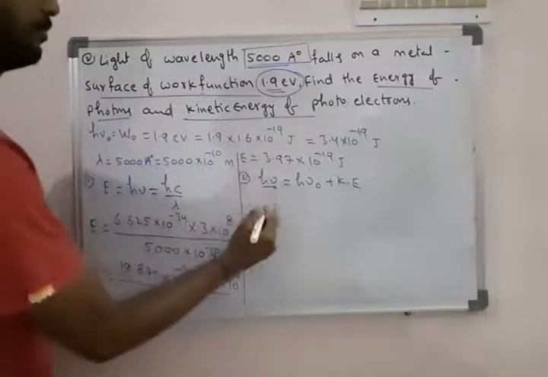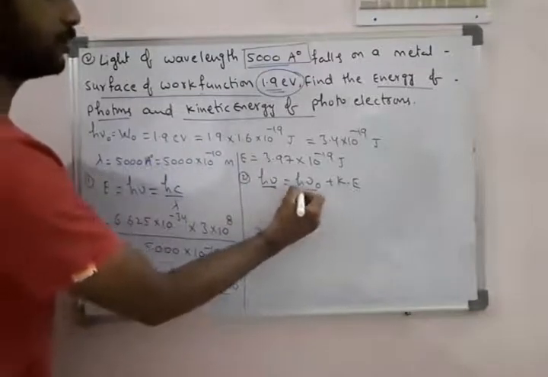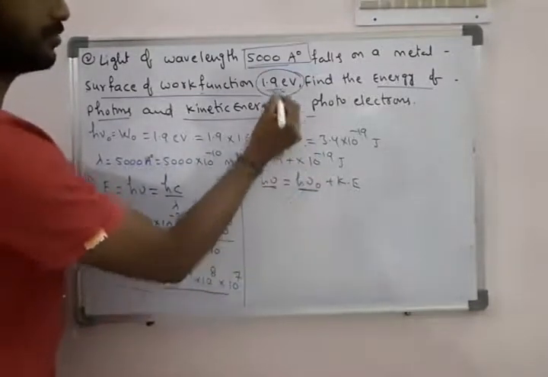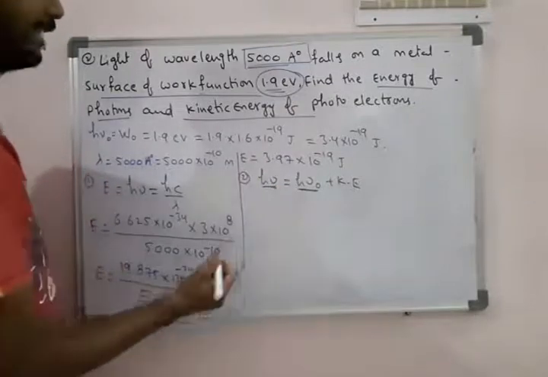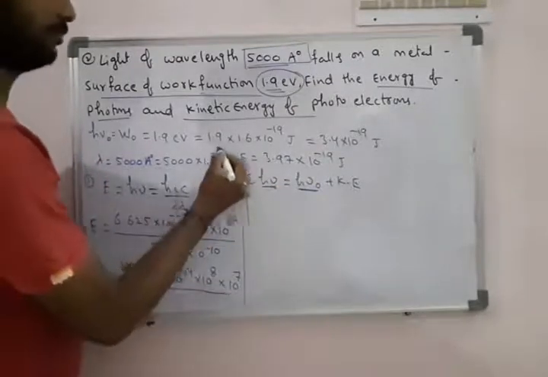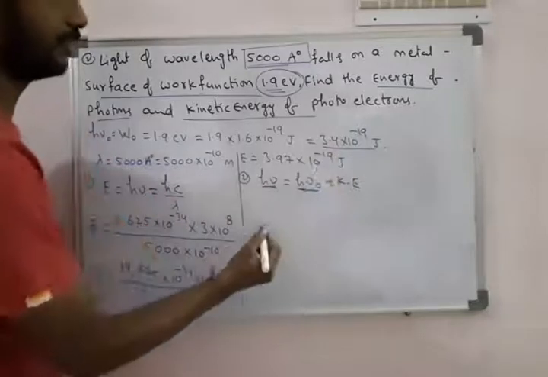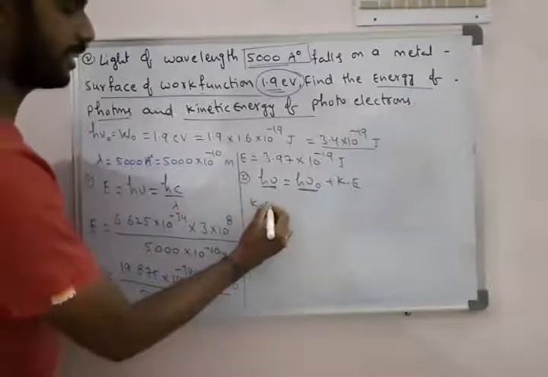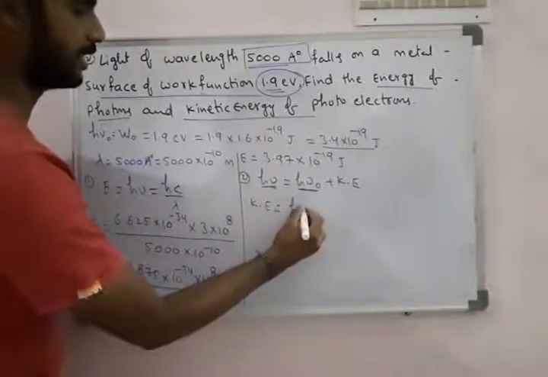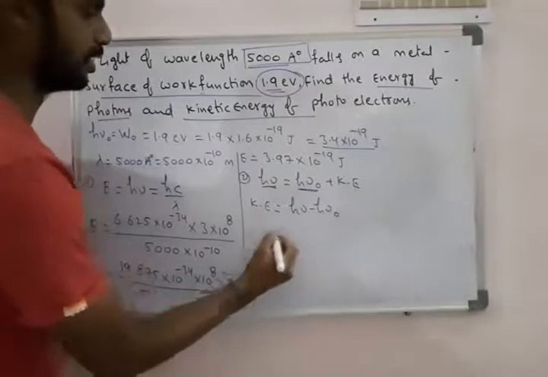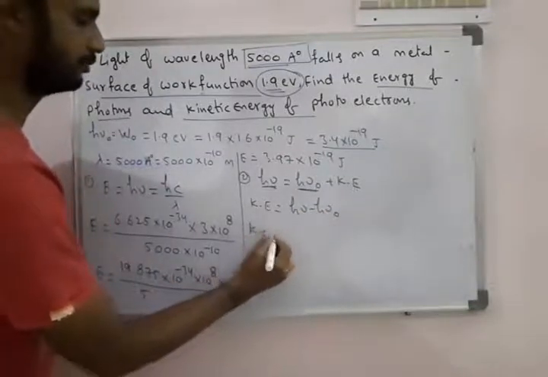We got 3.97. And h nu naught, the work function, is given in electron volts, and we convert that into joules. Already we converted it. We need to find the kinetic energy, which equals h nu minus h nu naught.